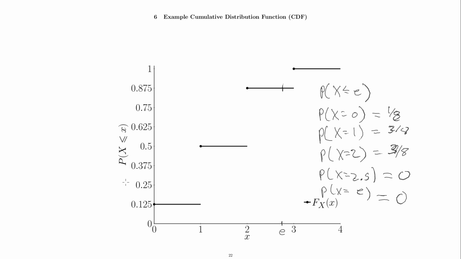So in fact, this probability that X is less than or equal to little x is defined for every one of these. It's just that we don't add up all the infinite values between 1 and 2 or 2 and E because we know that they're equal to 0. The only points on the real line that have non-zero values are these 4 here.